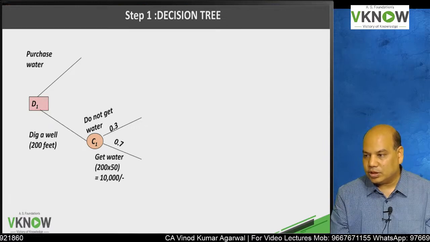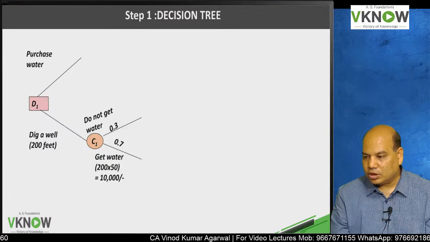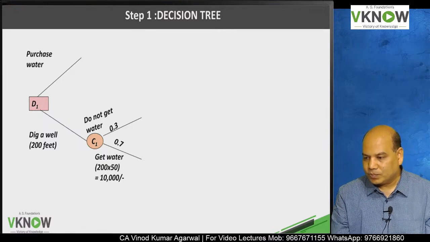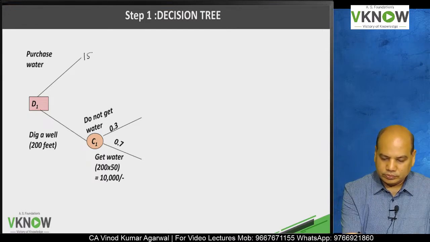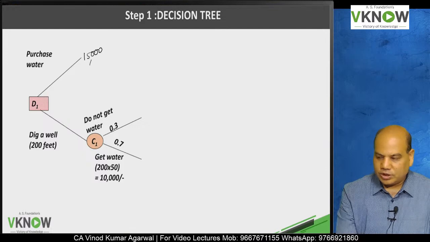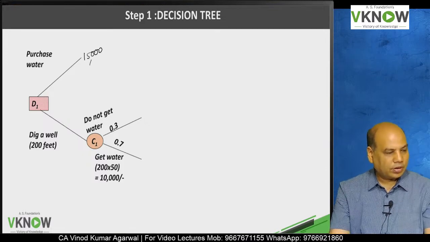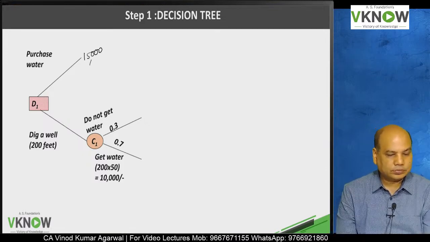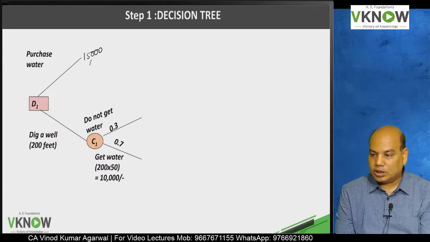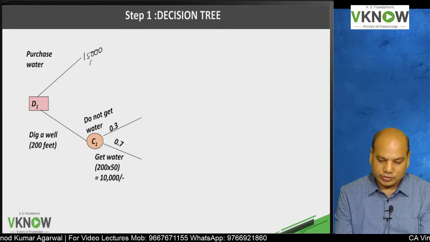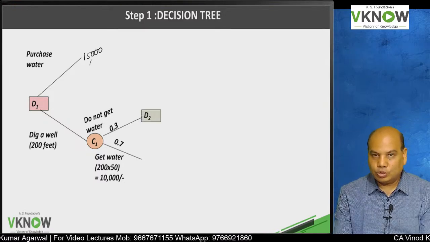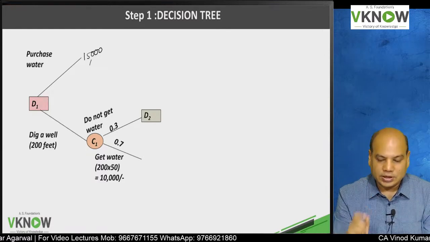I will not get water, 0.3 probability. I will get water, 0.7 probability. If I get water, my cost will be 200 into 50, 10,000. If I do not get water, I have to take a decision.